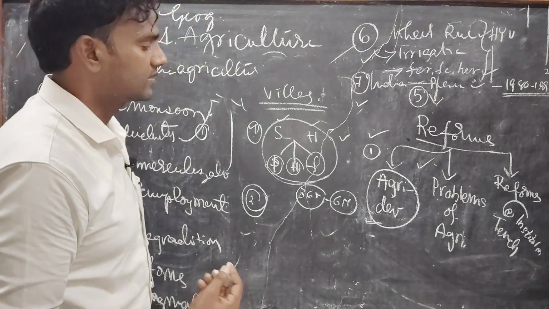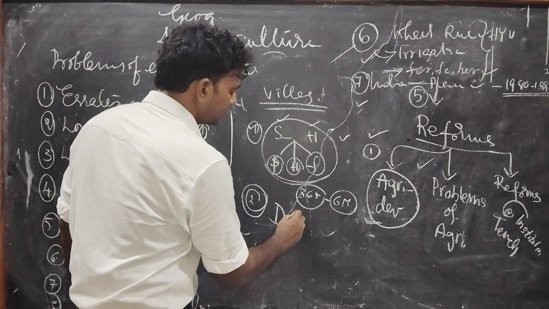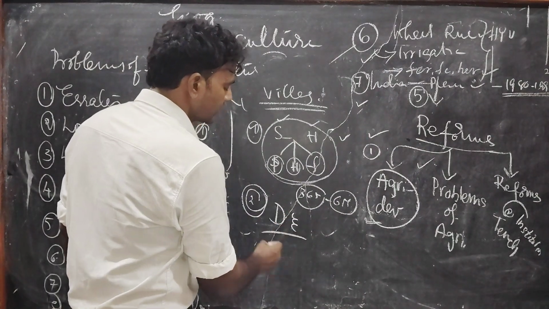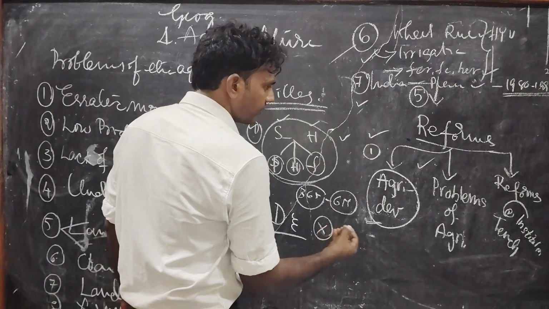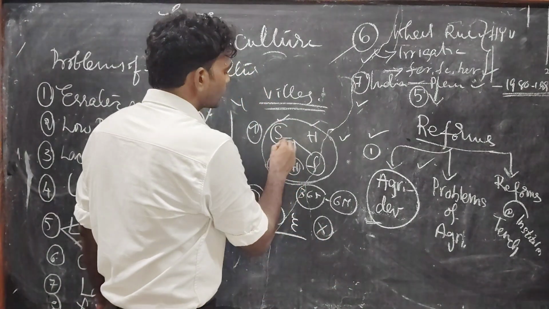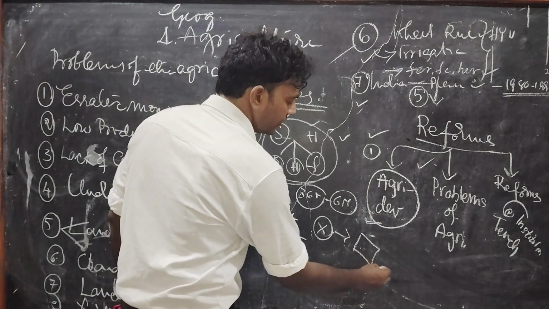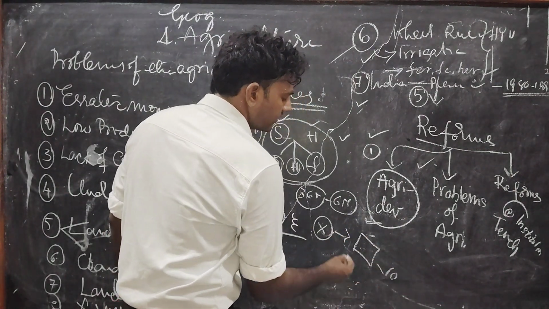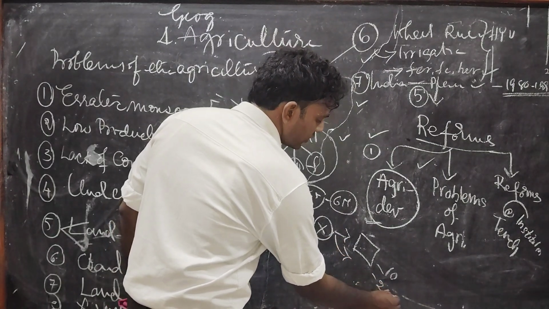Disguised unemployment. It means, for harvesting or sowing paddy on one acre, we need 10 people. But in villages, 20 people participate.